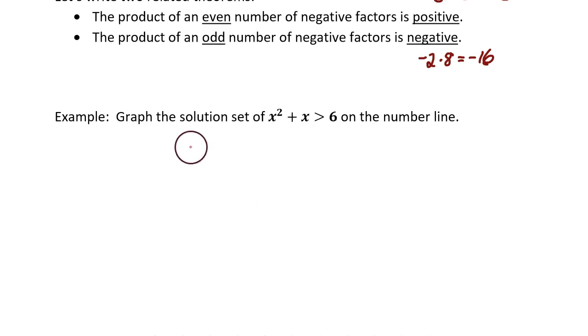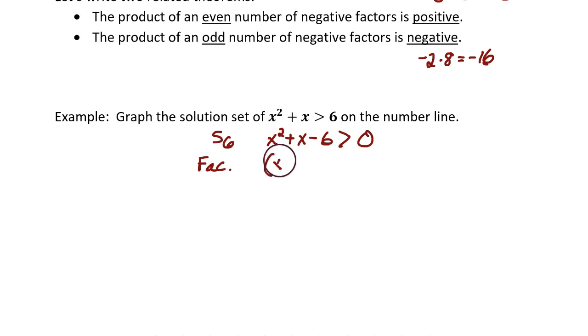Let's try an example. Graph the solution set of x squared plus x is greater than 6. First, subtract the 6 to get a 0 on the right side. Then factor.